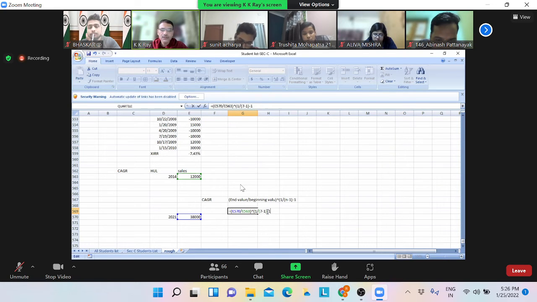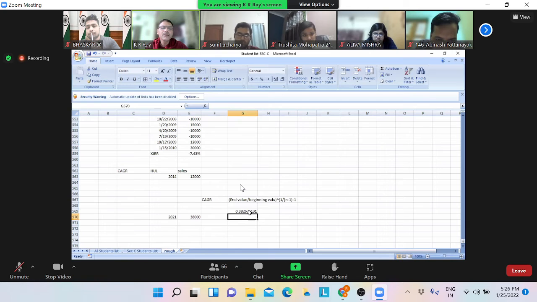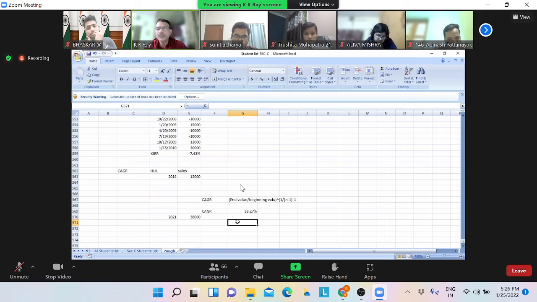Minus 1. 38.27%. So the yearly CAGR is this one. CAGR is 38.27%: end value by beginning value to the power 1 by n, minus 1.